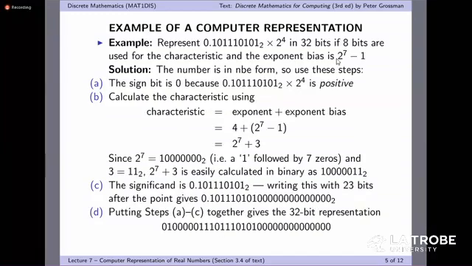So this is the sign bit, then this is the characteristic, and then that is your significant, which is exactly this number. Add extra zeros to make it 23 bits. Any questions?